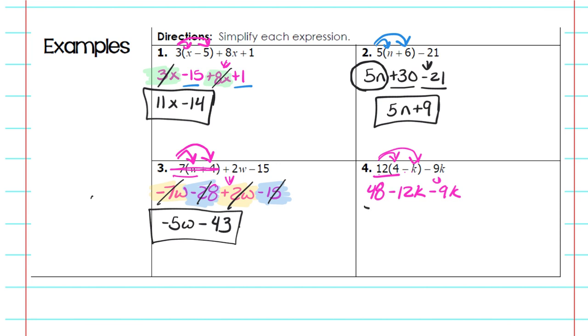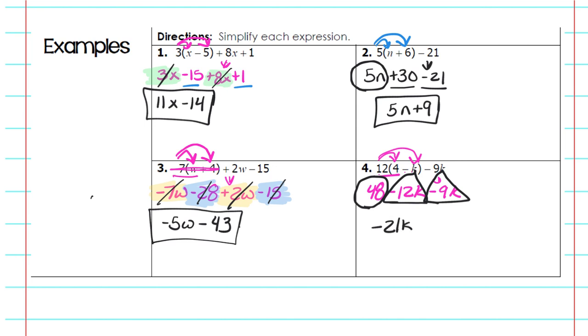Let's see, this is a constant, I'll circle that. This is a variable term with a k. You can even give it a little triangle. Starting with the variable terms, take negative 12 minus 9. Negative 12 minus 9 will give me negative 21.